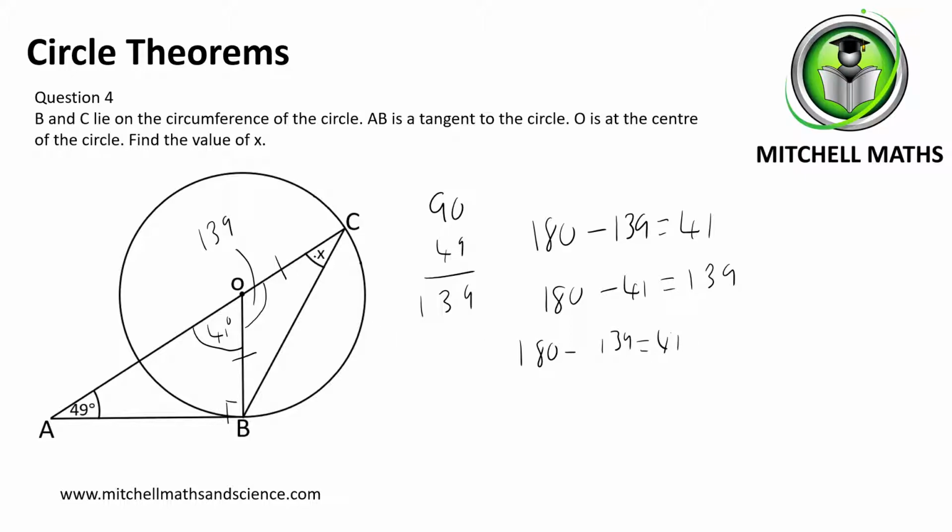And I know that these two angles here will be the same, therefore it'll be 41 divided by 2, which will be 20.5 degrees. So x is 20.5 degrees. So that uses, when a radius meets a tangent, it is 90 degrees, and it also uses the two radii form an isosceles triangle rule.